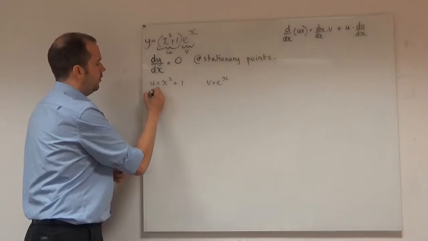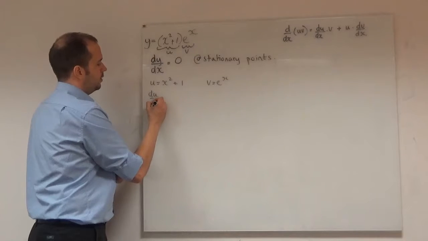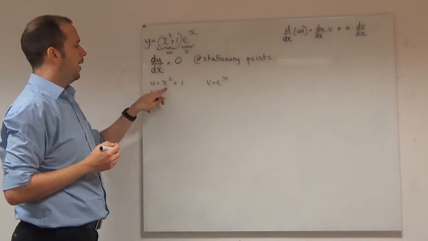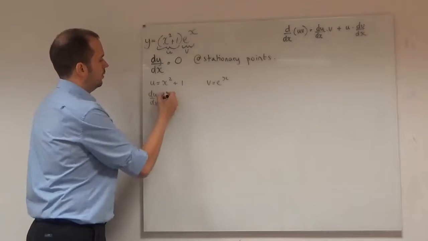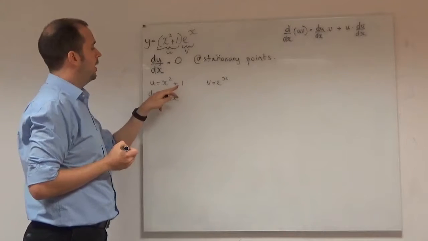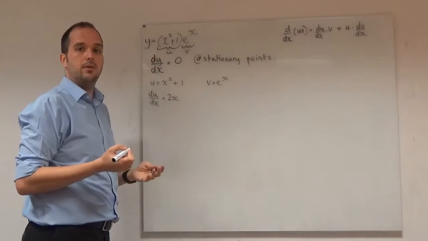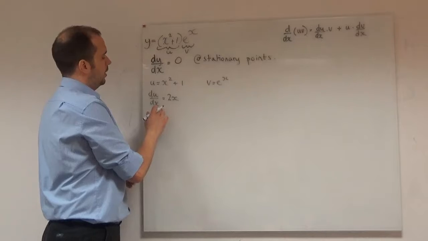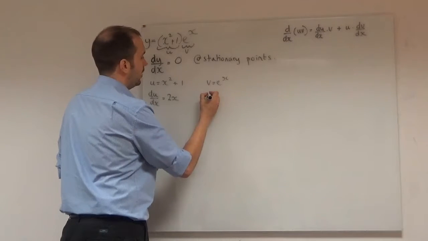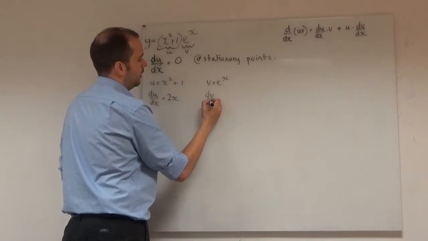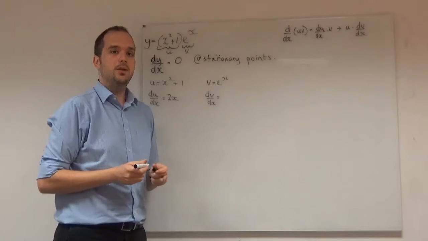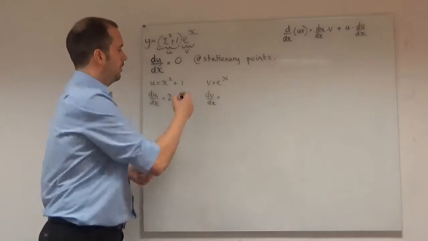So I need to find du by dx, which for this example, well, x squared goes to 2x, because we bring the power down the front and take 1 off the power, and we recall that when we differentiate a constant we get 0, so du by dx is just 2x. And to differentiate v, we get dv by dx, and if you recall when we differentiate the exponential, it just stays the same.